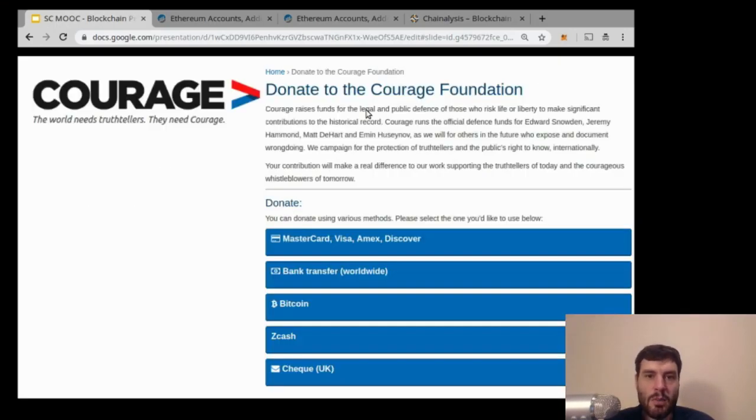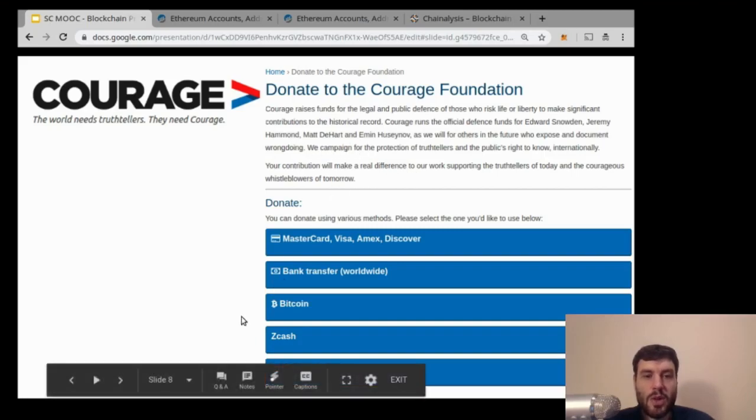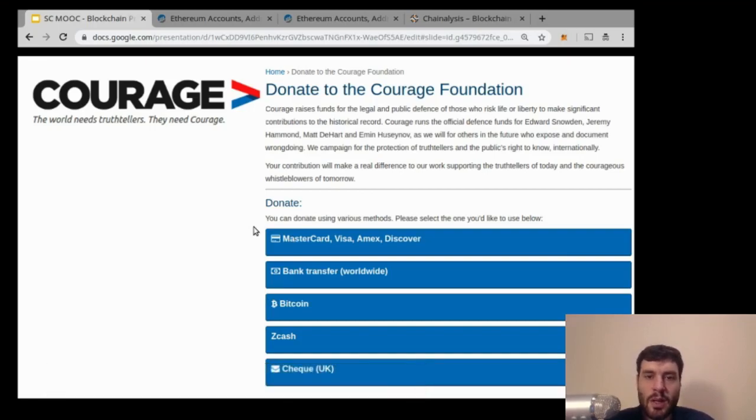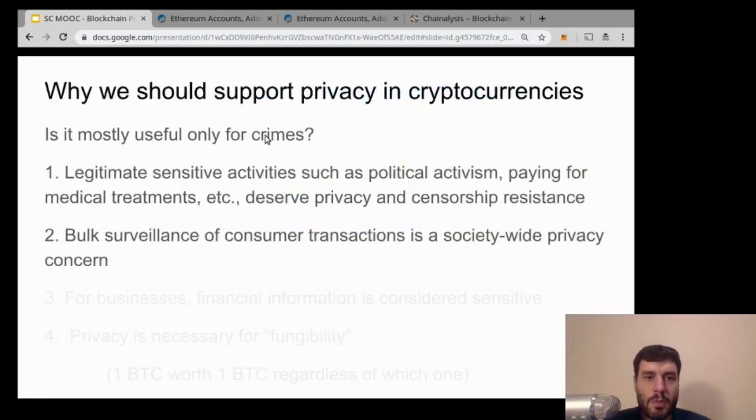For example, the Courage Foundation is one example of a nonprofit organization that accepts donations in the form of cryptocurrencies, and in particular, they try to recommend some techniques you can use to donate in a way that's anonymous or that's less likely to be associated with you. This is a nonprofit that essentially provides pro bono legal support to activists, for example.